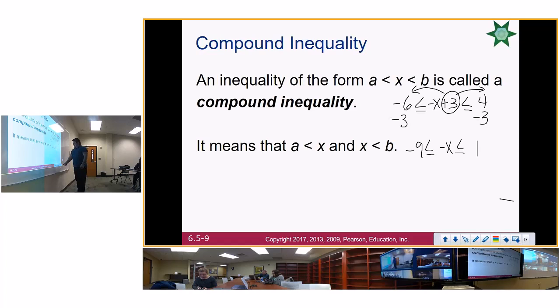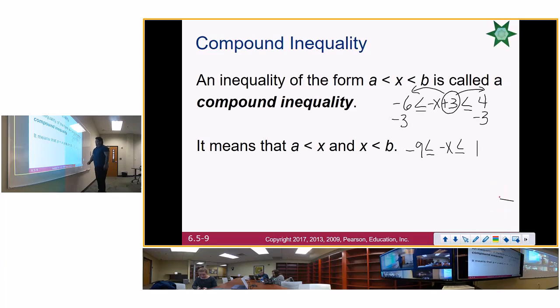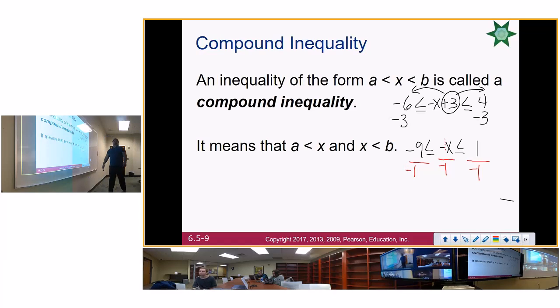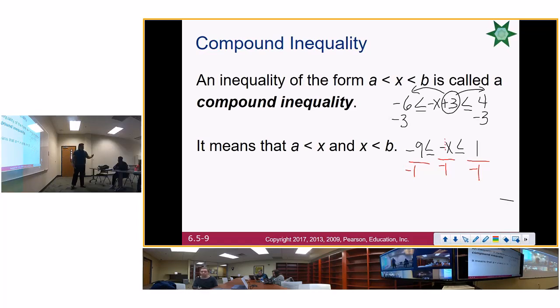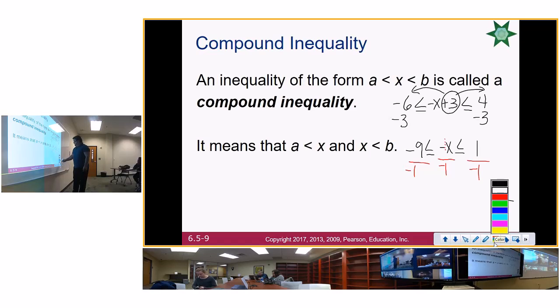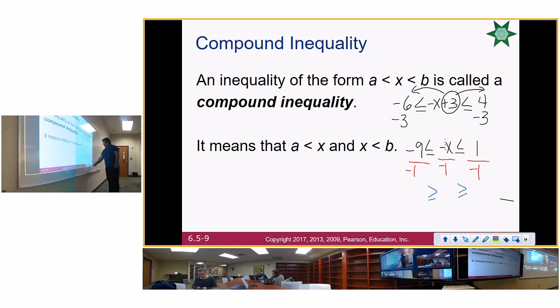So I'm going to put this in red: divide by negative 1 all the way through. That's the first rule that you're going to forget on a time-restricted test. The second rule is that when you divide or multiply through by a negative, you have to switch the inequalities. And that's the second rule that you're going to forget.